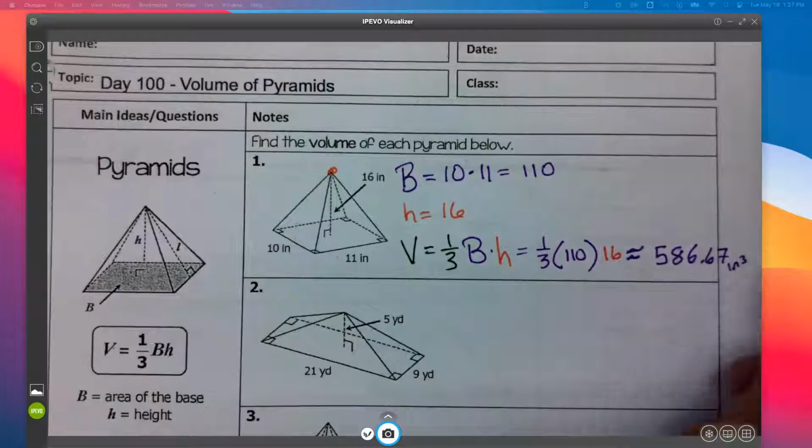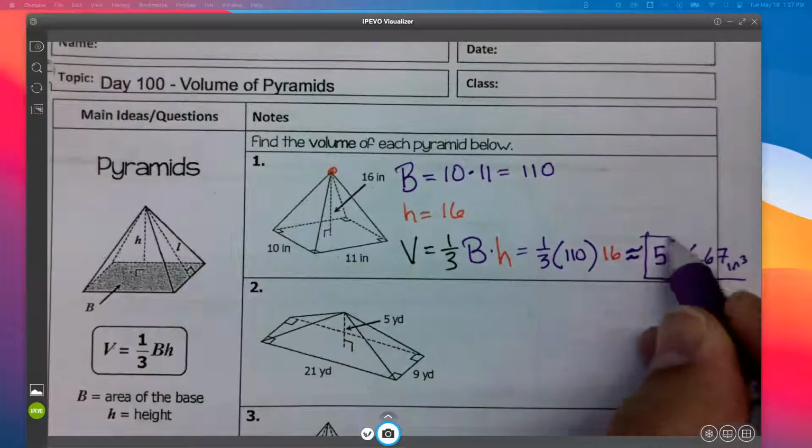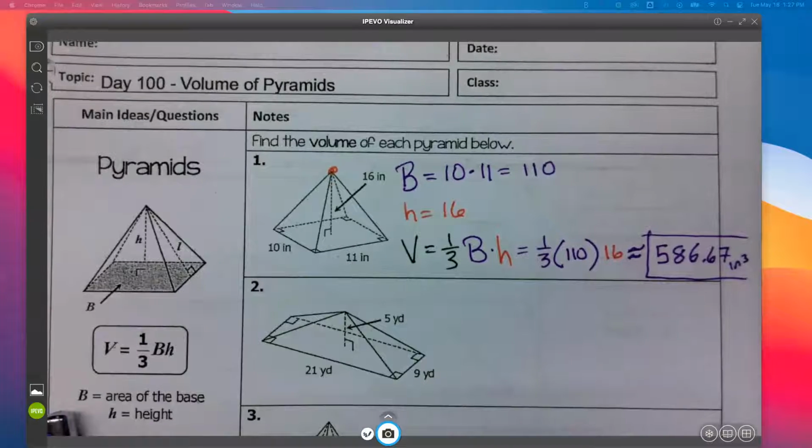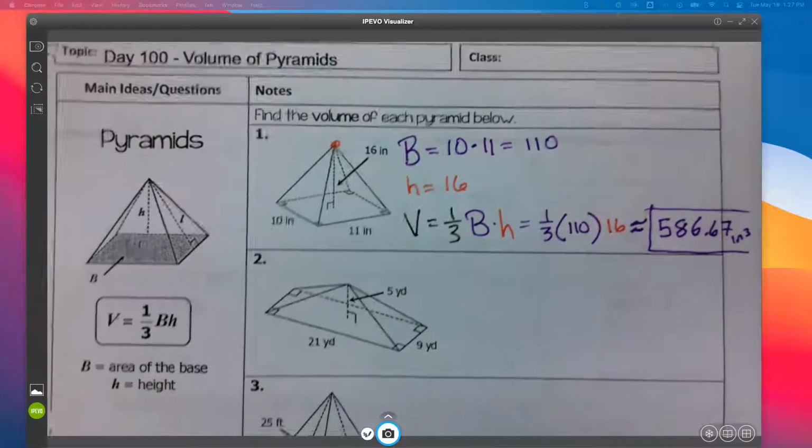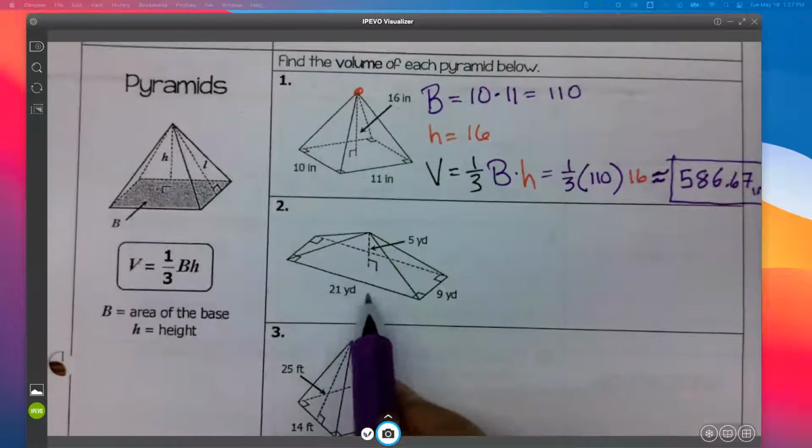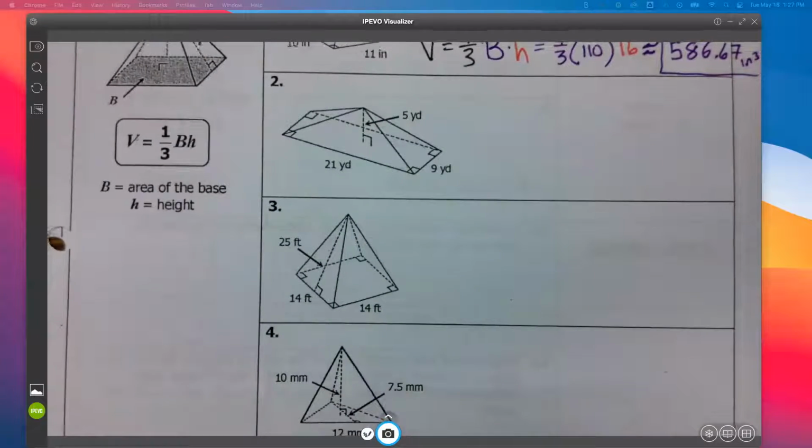Inches cubed, because this is a volume measurement. Any questions on number 1? I don't think it's worth going through number 2 right now. That's one you can do yourselves. Let's take a look at number 3.